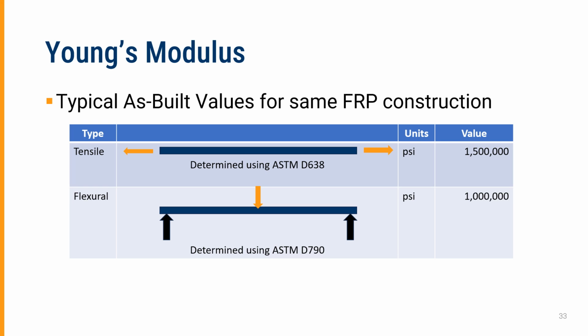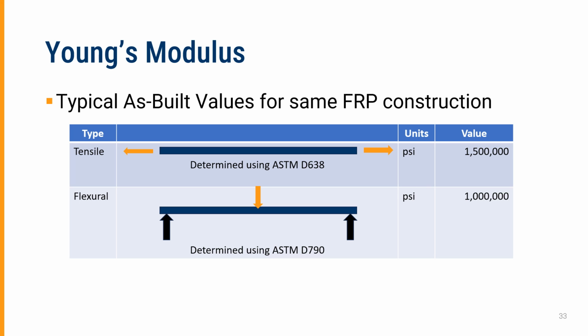In fact, for an example FRP construction, this is the same construction, the tensile modulus of a particular construction of FRP determined using ASTM D638 is nominally 1.5 million psi. That works out to about 10 GPa.